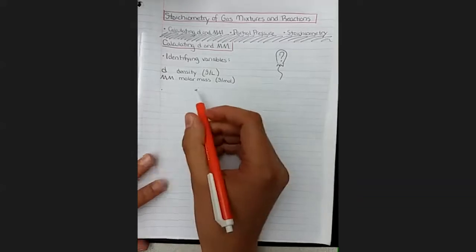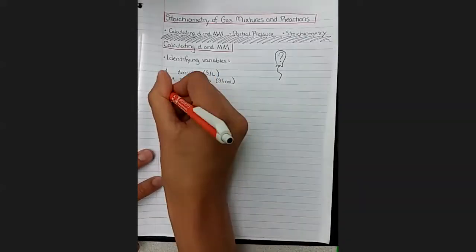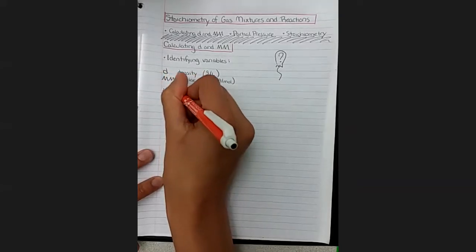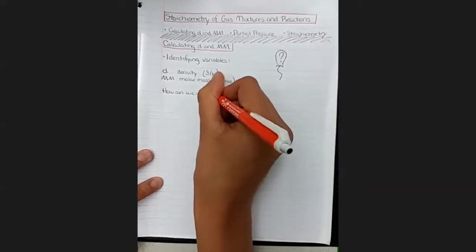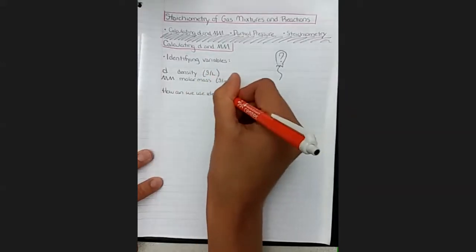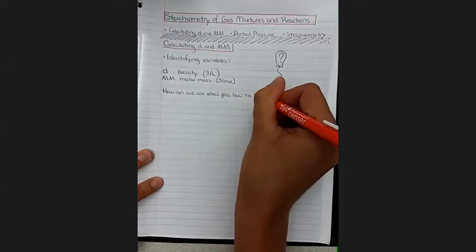So these are variables that will tell us what the composition of the gas is. So now our question is, how can we use the ideal gas law to learn the identity of the gas?